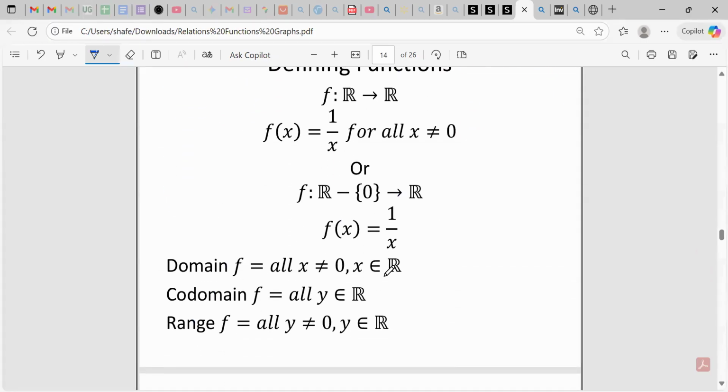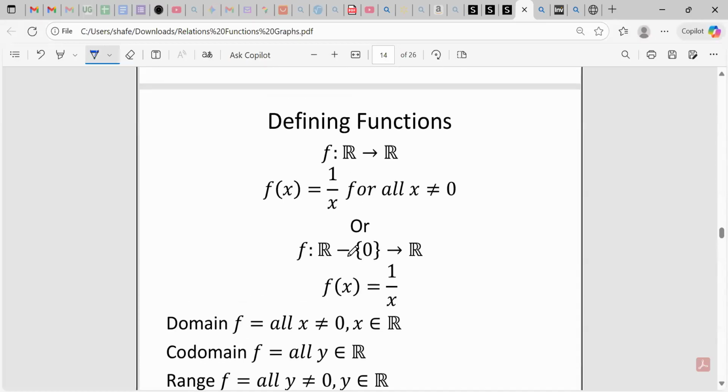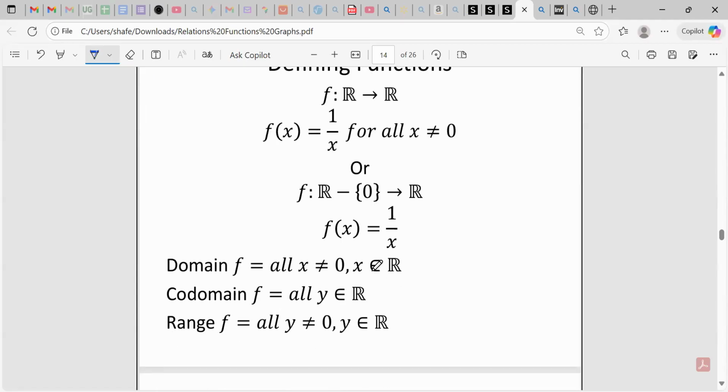This one is a little more technical. They use the function f(x) equals 1 over x. In this case, x can't be equal to 0. So we have to find some way of saying it. We can say that f(x) equals 1 over x for all x not equal to 0. So x can take any real value in this whole wide world, except 0.